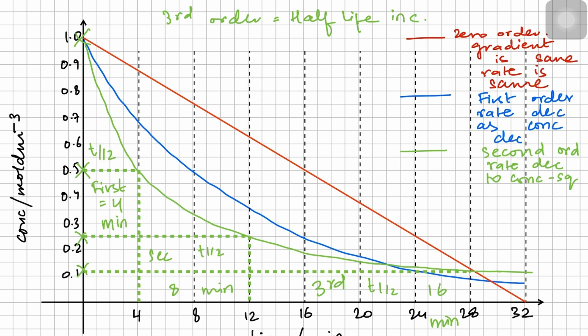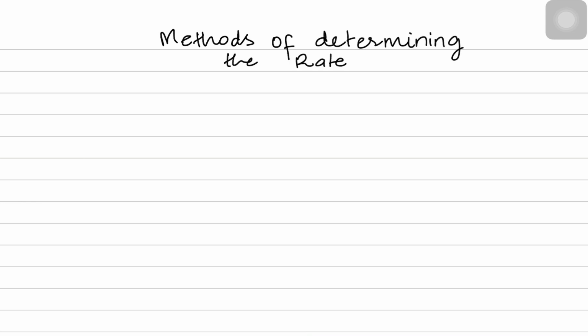Now with this, I believe the half-life idea is clear, and we shall jump to the concept of methods of determining the rate of reaction. There are two methods for it. The first involves the continuous method and the second involves sampling.